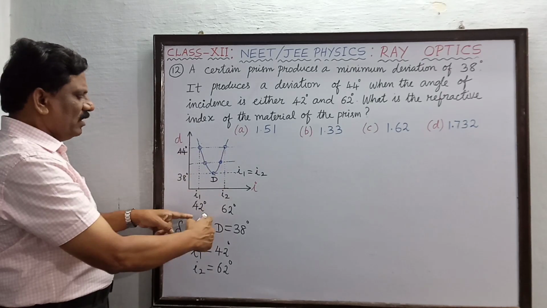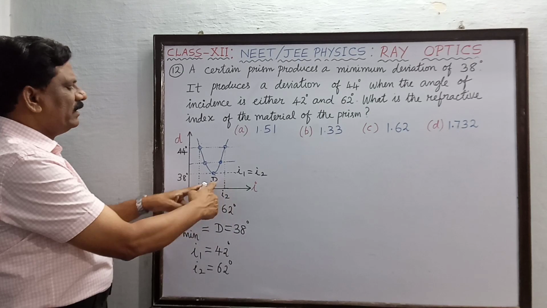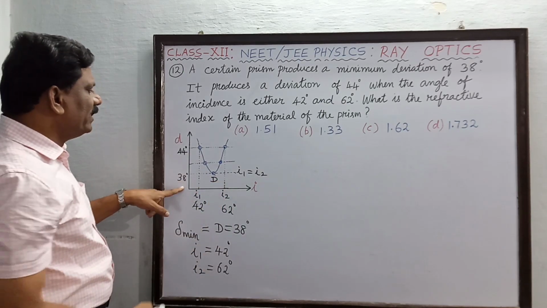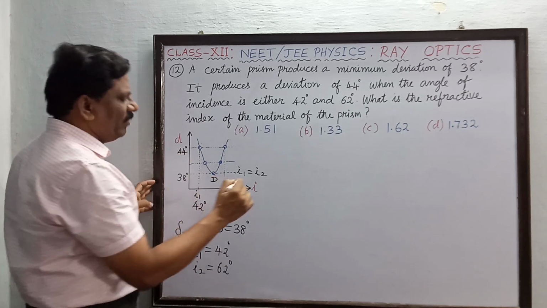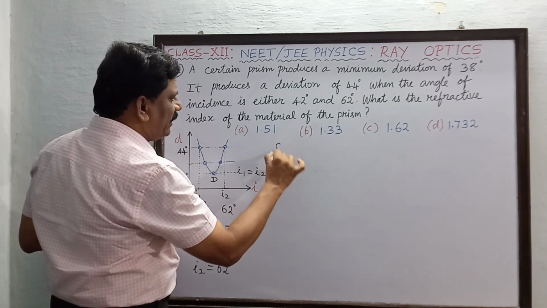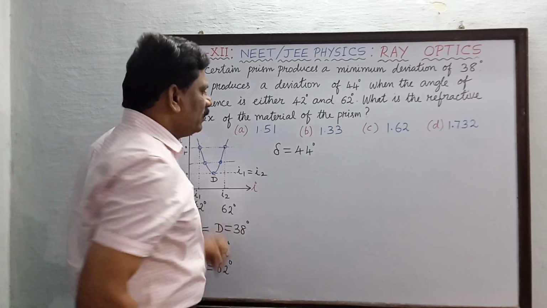So i1 is 42 degrees, i2 is 62 degrees, minimum deviation is 38 degrees, and in general any deviation is taken as 44. So here delta is 44 degrees.